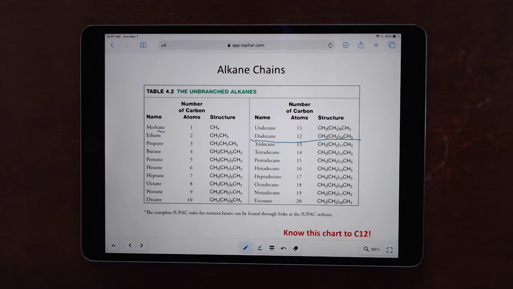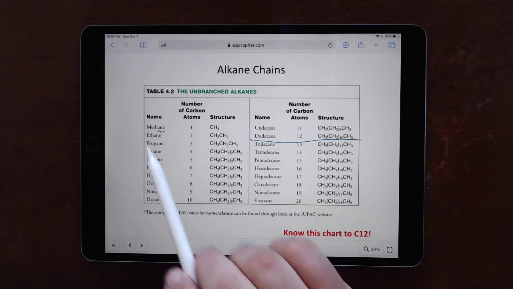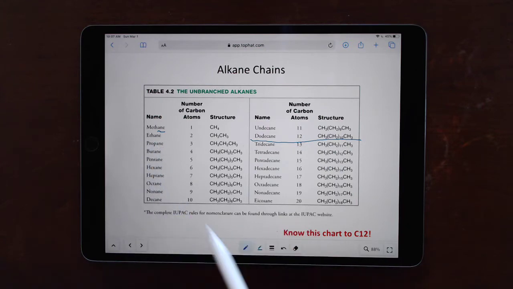A 1 carbon or 2 carbon carboxylic acid is infinitely soluble in water, but propionic acid, that 3 carbon carboxylic acid, becomes insoluble at specific concentrations, so it's like the first fat.